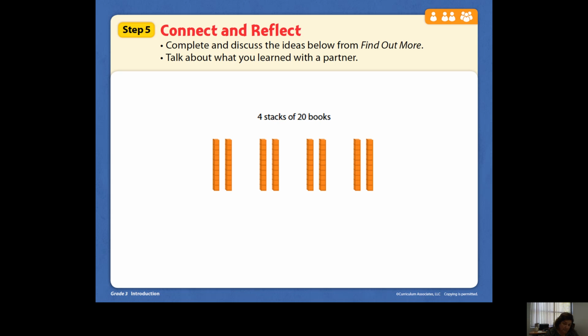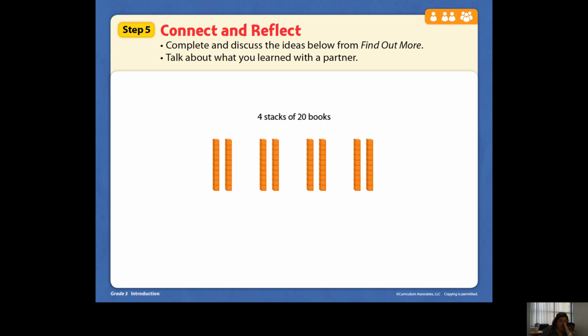If we skip counted that, would it be really quick and easy? Probably not, unless you just happen to be able to count by 8s really, really well. So what we're going to do is show you some ways that can help you out and make it a little bit quicker.